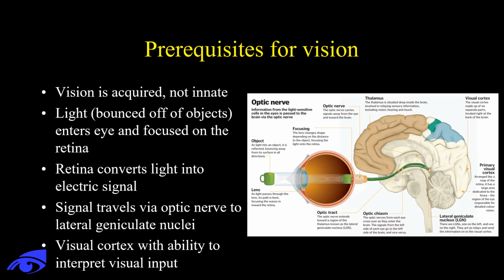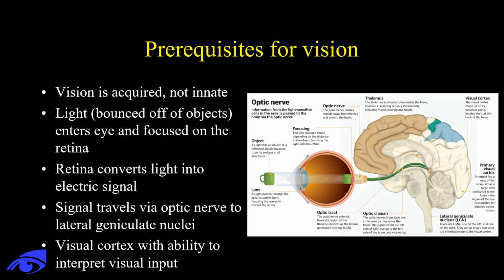Similarly, most babies do not have the ability to interpret visual signal, but if they have an intact visual system, they then acquire vision. For vision to occur, light has to be present, and it bounces off objects and enters the eye and is focused on the retina.